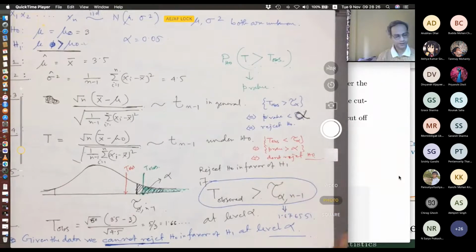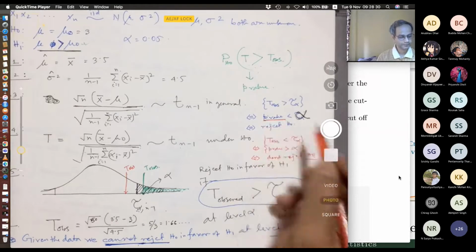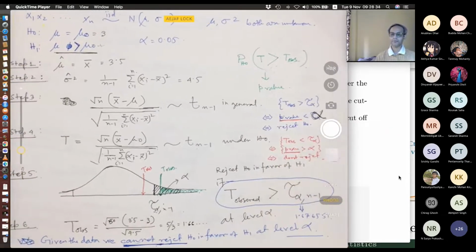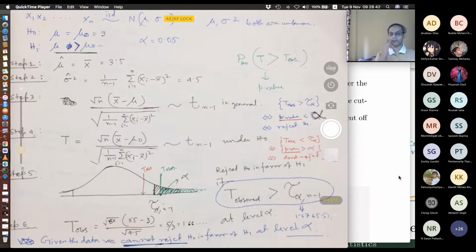So usually software provides you the p-value, and then you have more flexibility: instead of specifying alpha beforehand, you can choose alpha at the end of the test.